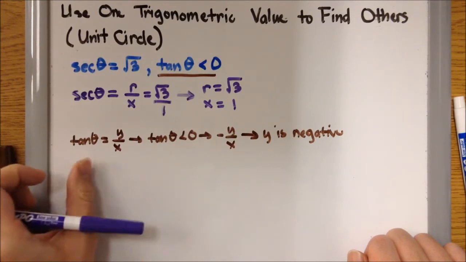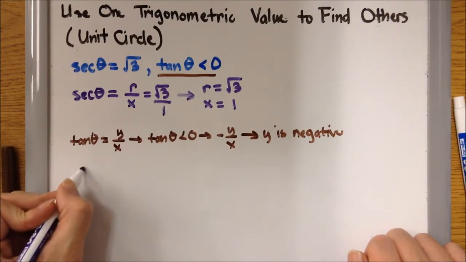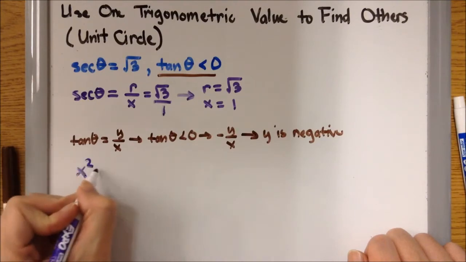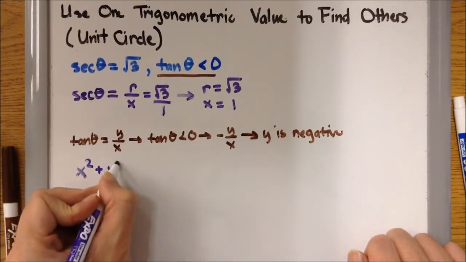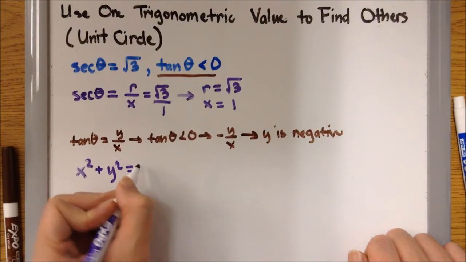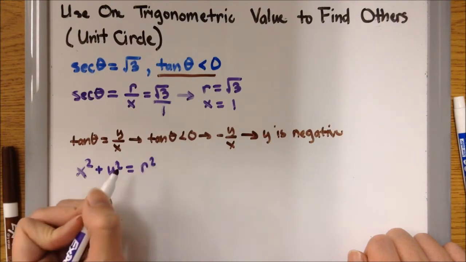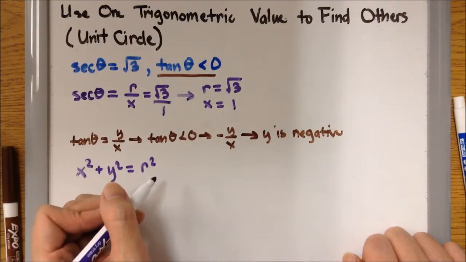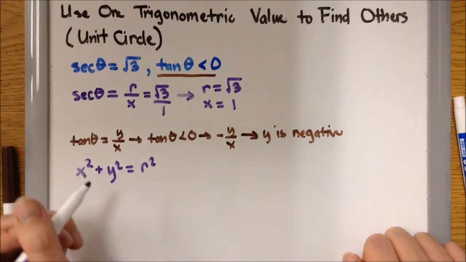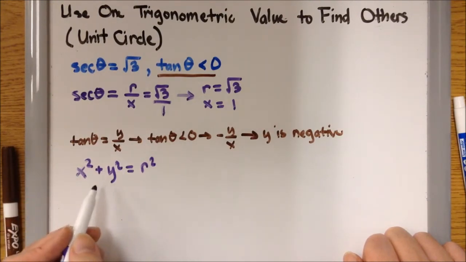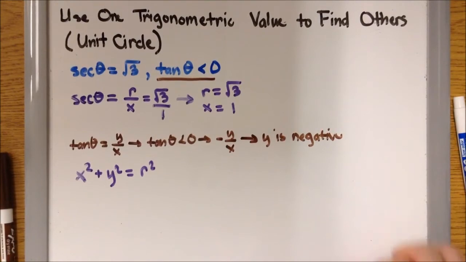The original was x squared plus y squared equals r squared. Now I'm not using the square root because we're not looking for r. We are looking for y. So we're going to use the original.